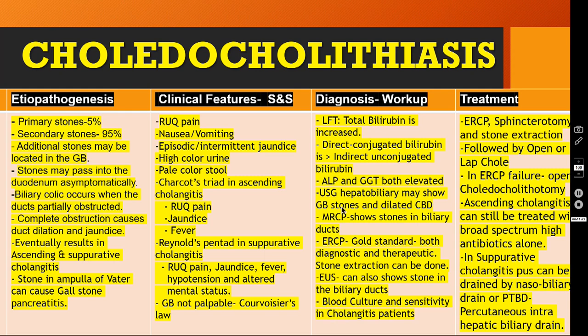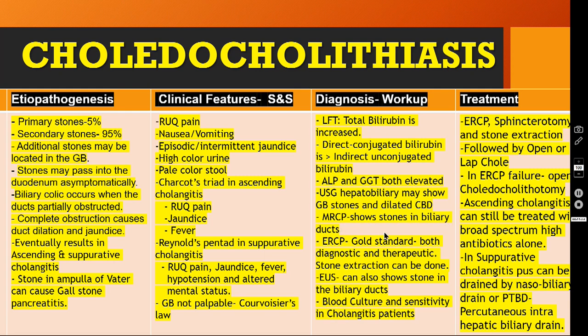If we do ultrasound of the hepatobiliary system, we can see only the gallstone. We cannot pick up choledocholithiasis, but the sonologist can tell whether the CBD is dilated or not. If CBD is dilated, then we have to do investigations like MRCP or CT scan to find out stone in the biliary duct.